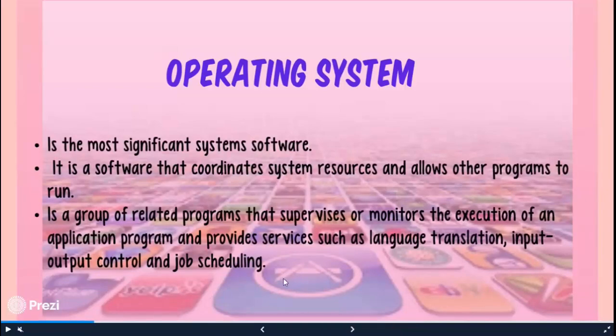It is the most significant system software. Otherwise, you won't be able to install your favorite software, like for example Facebook, Messenger, TikTok. You won't be able to install these unless you have an operating system.